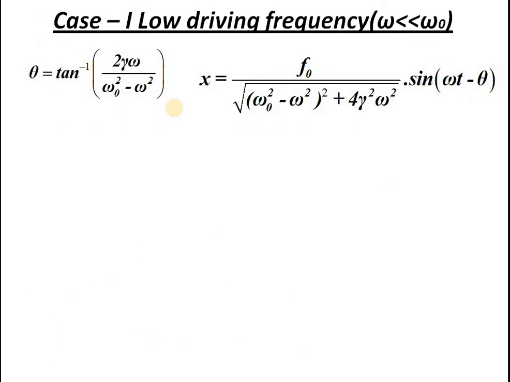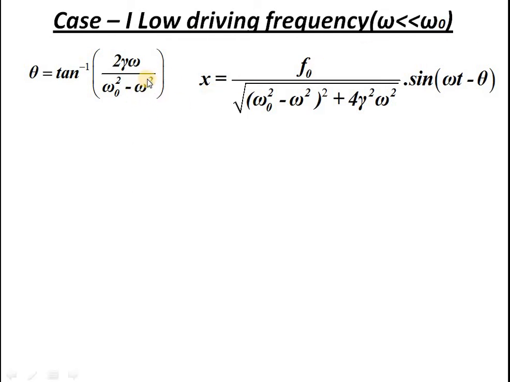First, what is called a low driving frequency. Let us see what happens. What will be the physics of the situation? Applied frequency is less than natural frequency. We have all the ready-made equations displayed here. What happens to the theta value in this case?